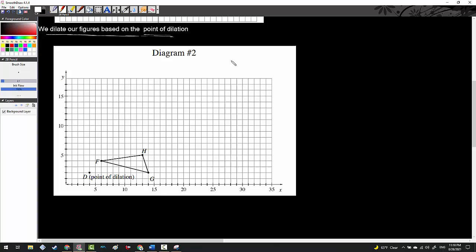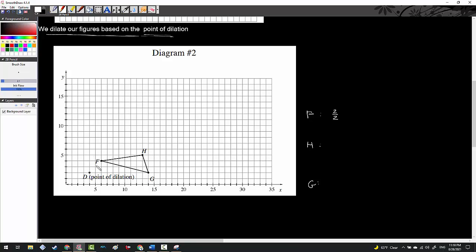So what I'm going to do is calculate the slope of each point from that point D, the point of dilation, and then I'll just proportionally expand each slope. So if I go from point D, up 2 to the right by 1, 2, so again, I'm just going to call this 2 over 2 from the point of dilation, and I know that's not going from the origin, but that's okay, it doesn't matter.